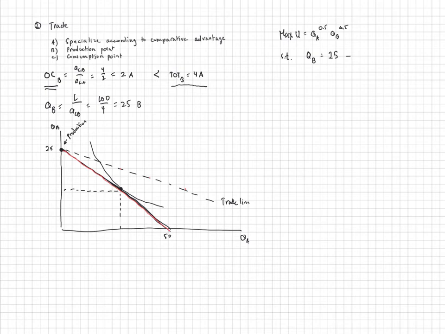However, the quantity of QB that they consume is going to be reduced by the number of good B that they export. And then QA is going to be equal to the terms of trade for good B times the number of good that they export. And of course, in this case, the terms of trade for good B is equal to 4A.